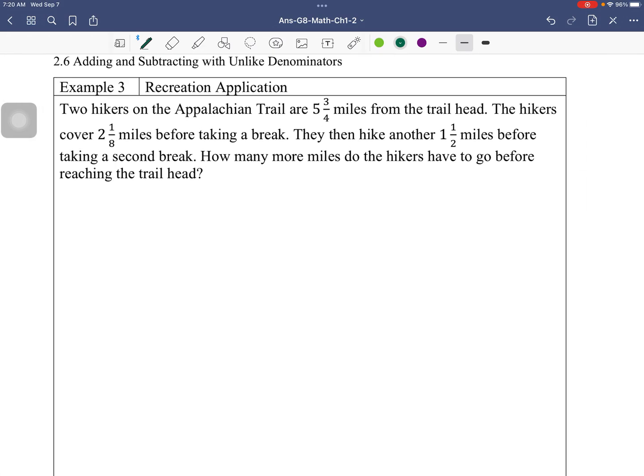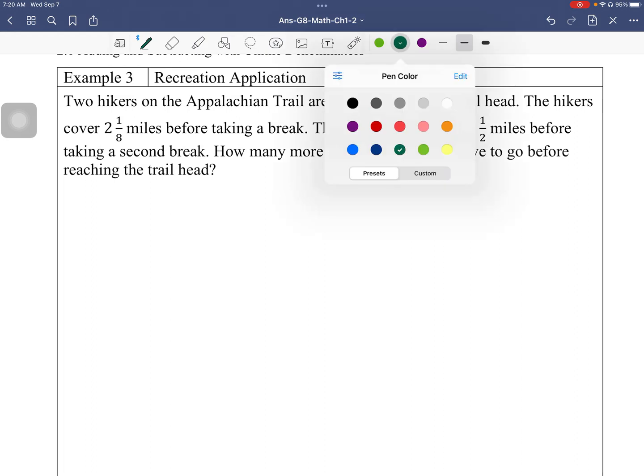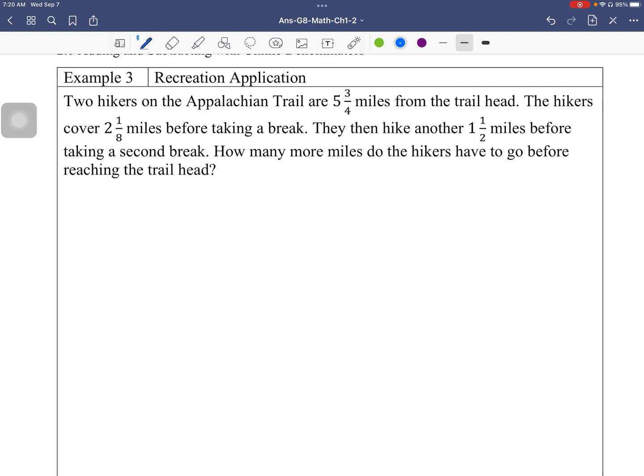And then I have this. Okay, so when I have this here, what I want to do is use method 2. 5 and 3 over 4, minus 2 and 1 over 8, minus 1.5.